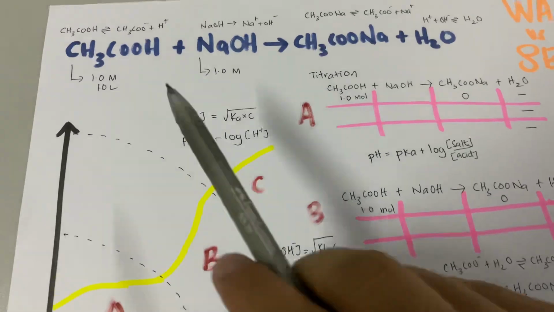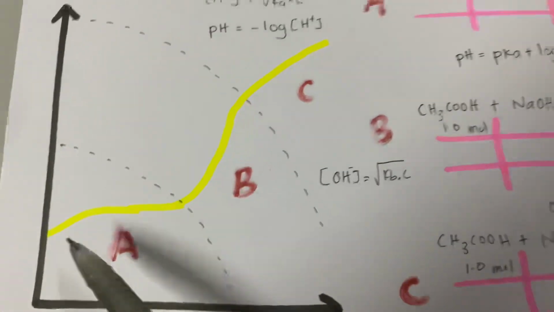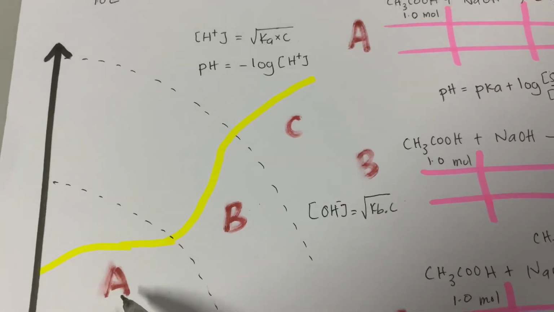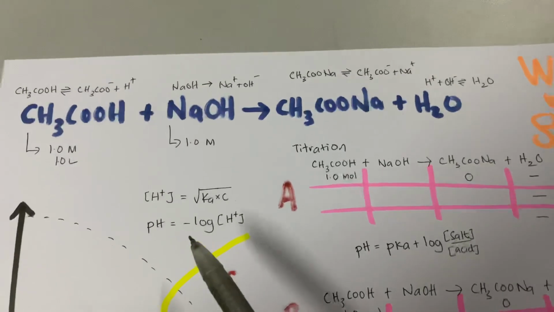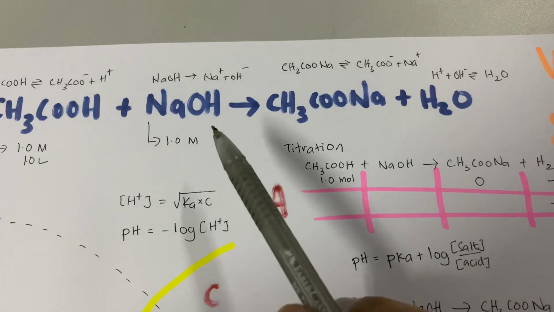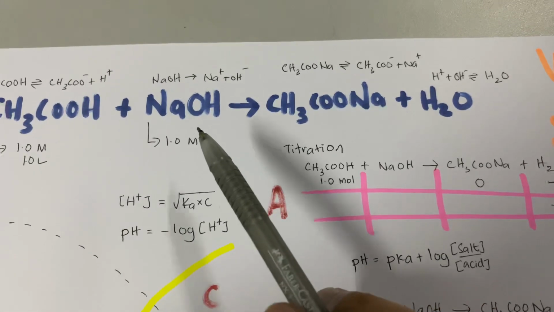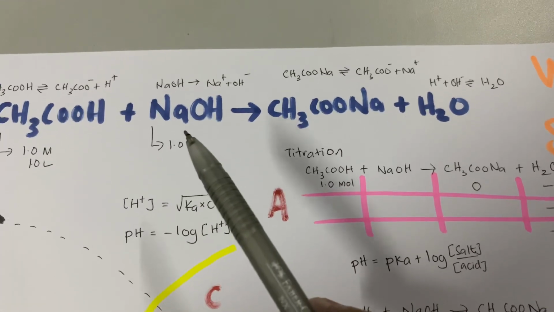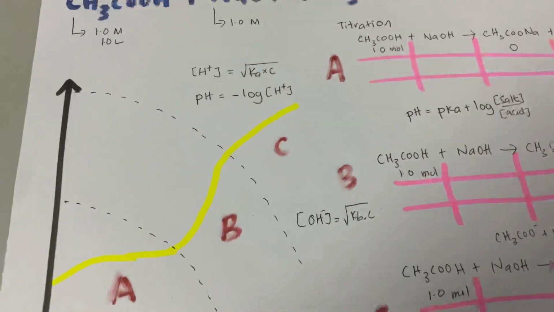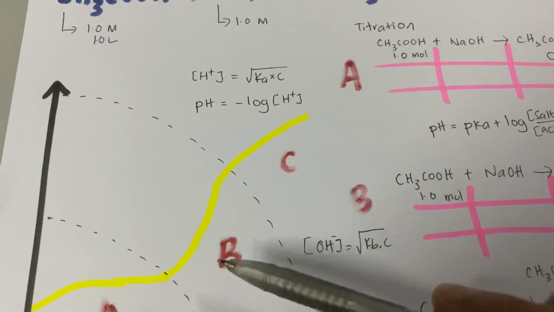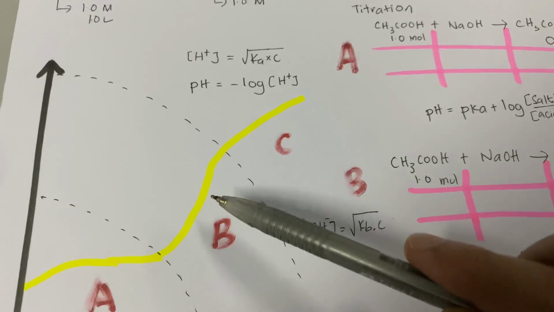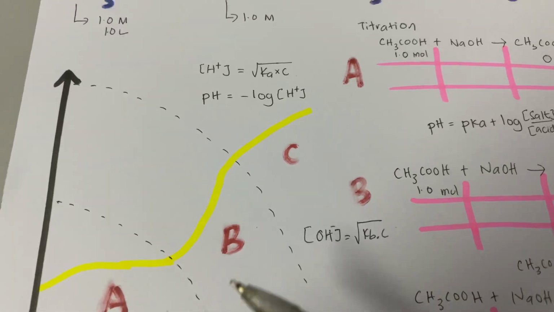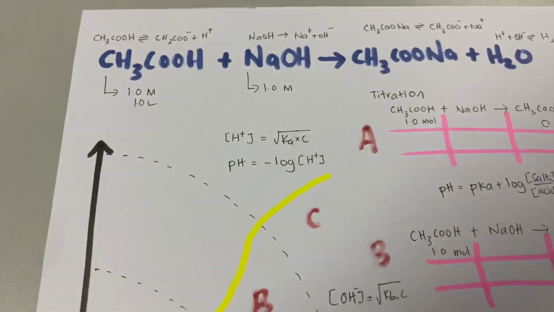Okay, and then what happens after that along this curve for region A? At that time, we already add in sodium hydroxide, but the amount of sodium hydroxide added is not yet equal, because you need to remember at region B, where the equivalence point exists, complete neutralization happens and the amount of acid and base is equal.